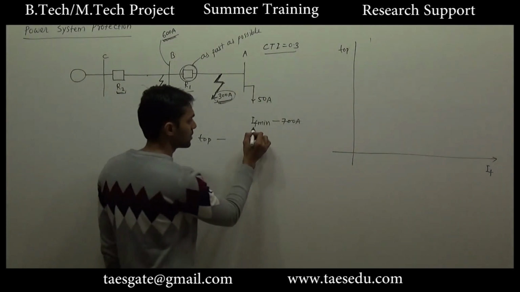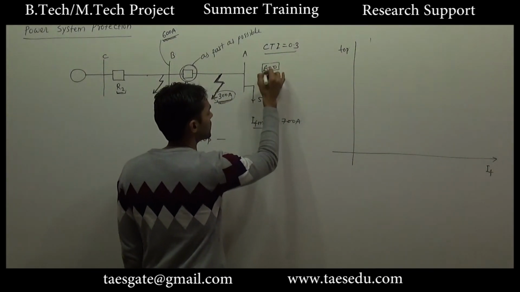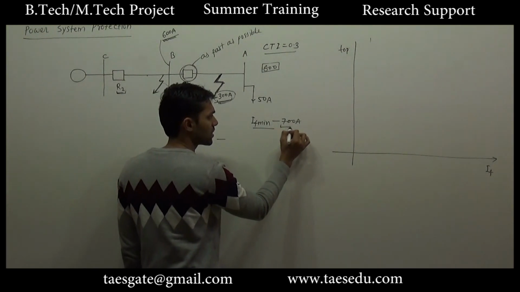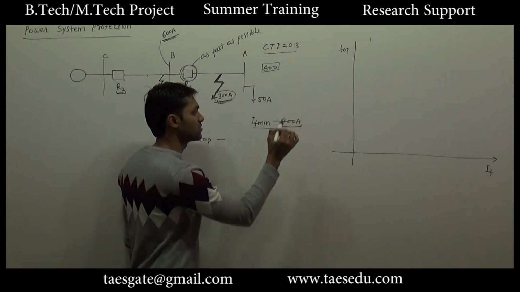Maybe in the question the fault current at bus A was 600 ampere, but in the calculation, as I remember, I took a wrong value, 700 ampere, but it does not matter.